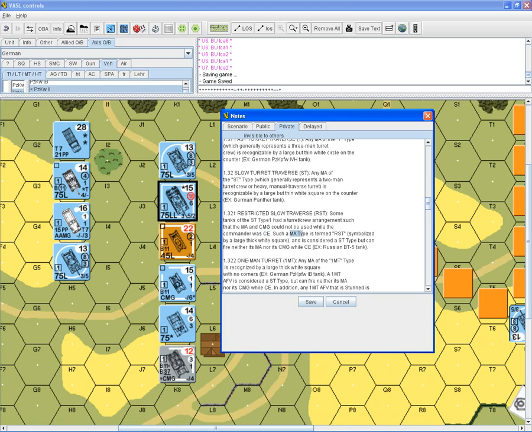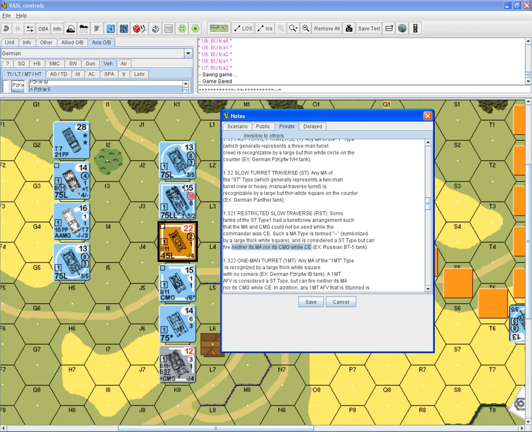This main armament type is termed RST and is represented by a thick white square, which is this counter here, and is considered a slow traverse vehicle, except that it cannot fire its main armament nor its coaxial machine gun while its crew is exposed.